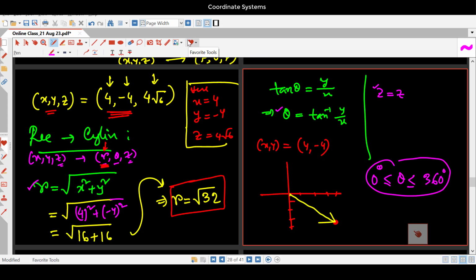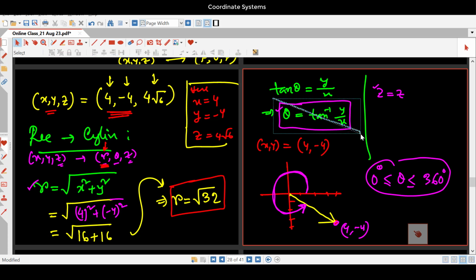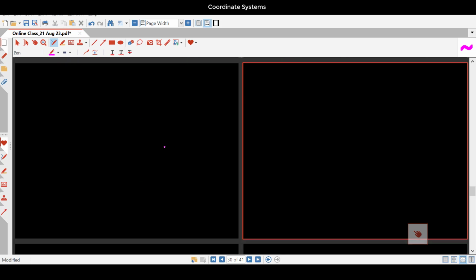So here the point that you can see is here, that is 4 comma minus 4, and we have to find this angle. Now let's see from this formula what we get. We may have to correct the result if we don't find the result in this domain.